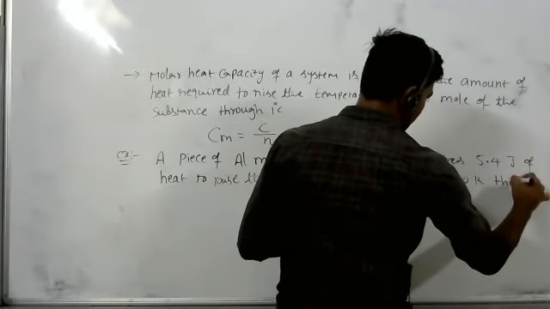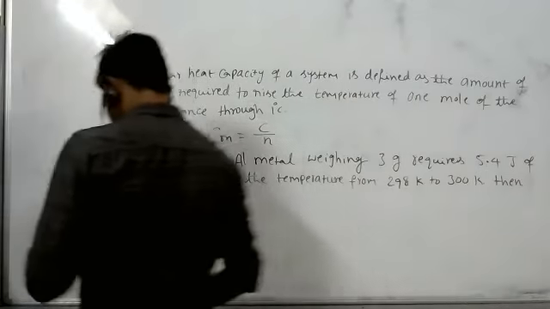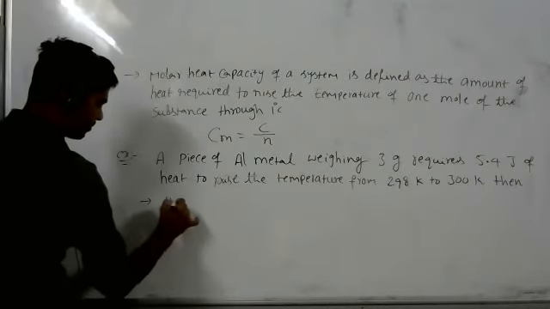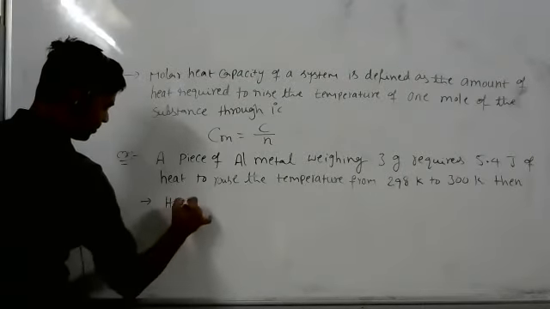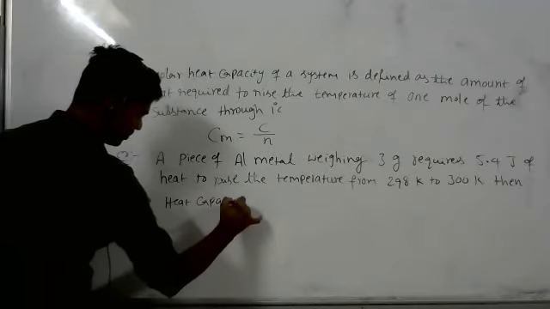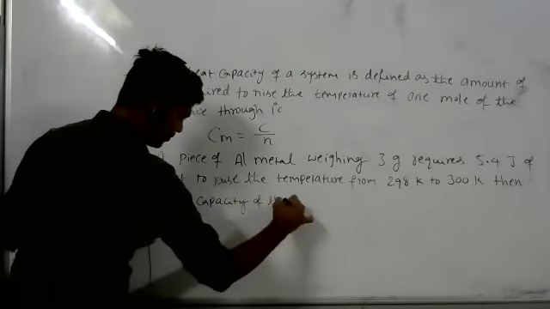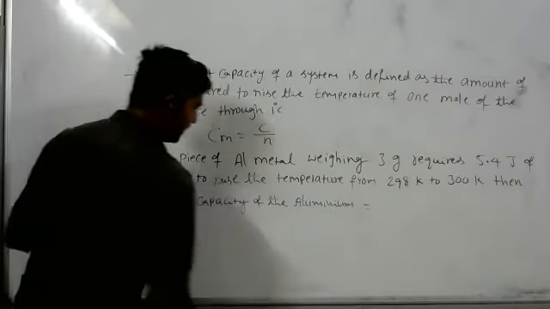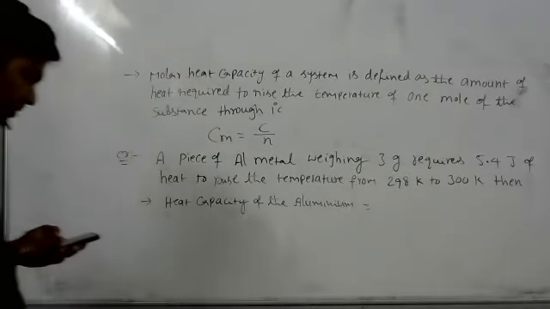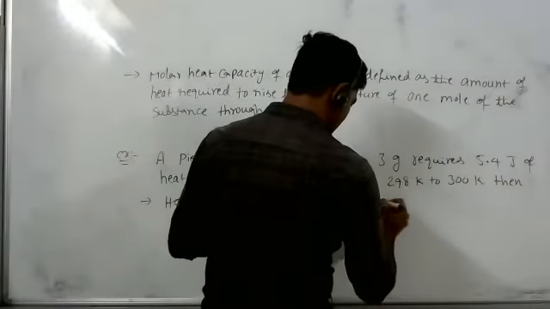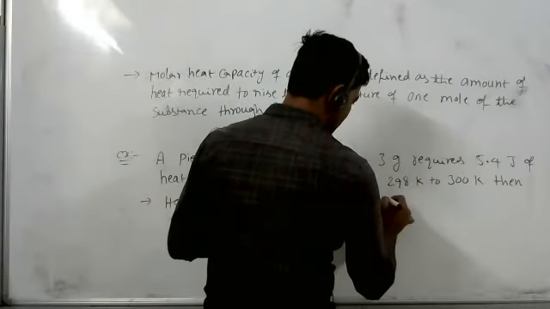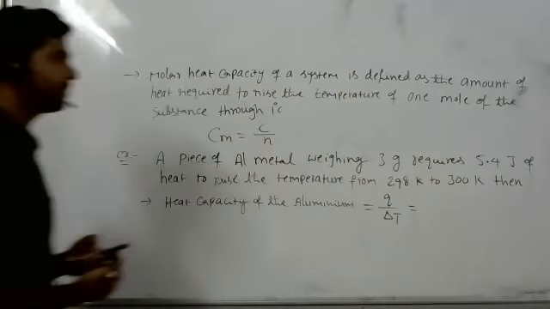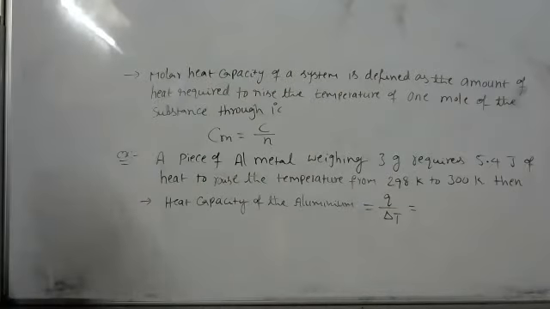Then the heat capacity of the piece of aluminum is equal to, we can write, Q by delta T. The amount of heat is 5.4 joules.